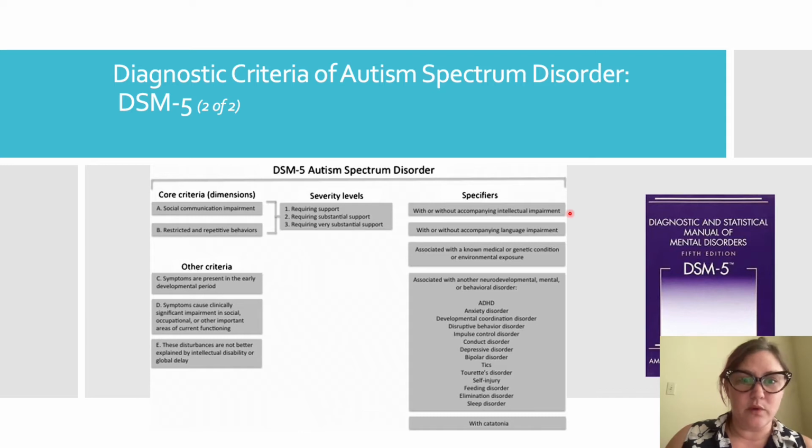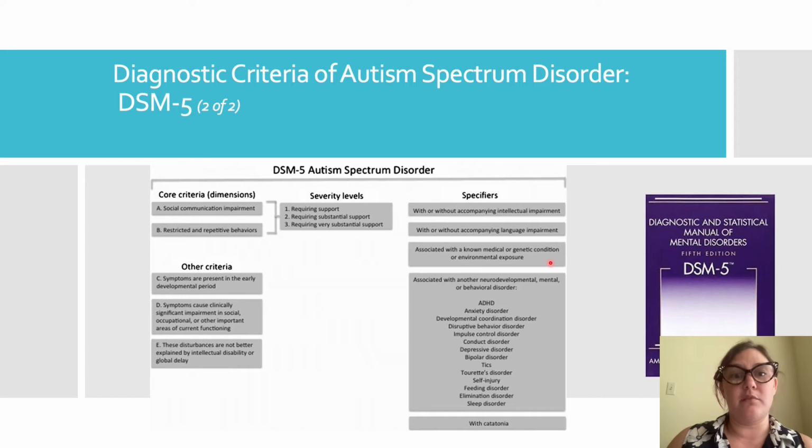The first one is with or without accompanying intellectual impairment, so whether they also have intellectual disability or not. With or without accompanying language impairment, so whether they are able to communicate with verbal language or not. Is it associated with a known medical or genetic condition or environmental exposure? And when it is related to a medical condition, this is when you would also list that condition.